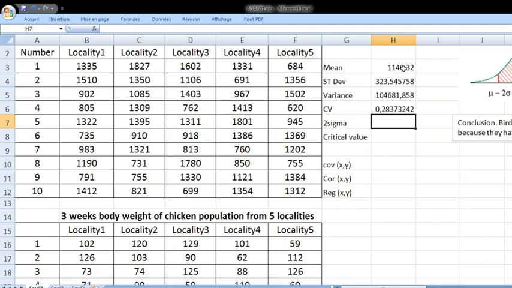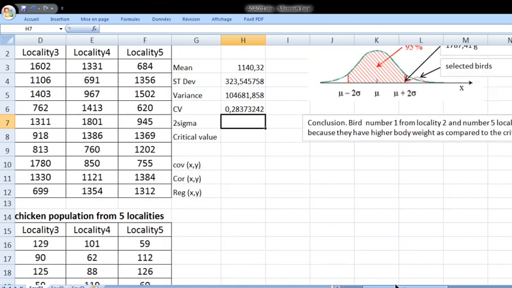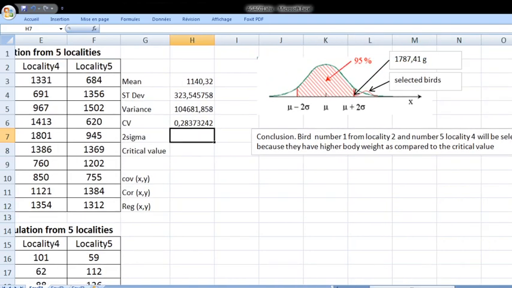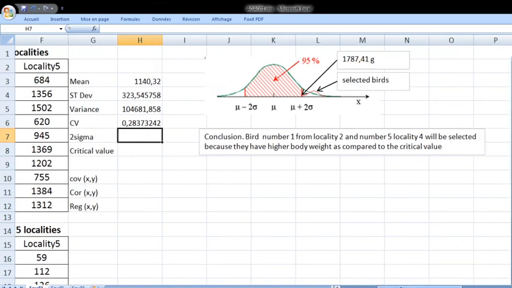Now we are going to move to the next question, that was to estimate the critical value considering 2.5% of the best birds for selection. Fine. Here, if we consider the normal distribution law, we'll see that 2.5% left minus 2.5% right, it remains 95%.